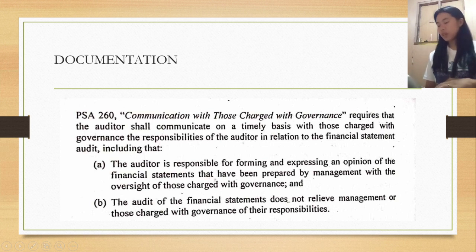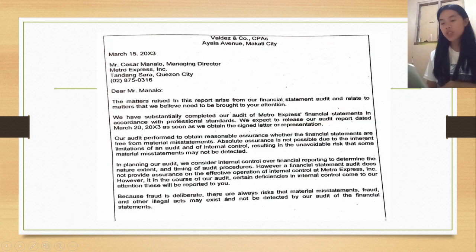I also include an example of a letter sent to management and those charged with governance. So here is the illustrative communication of audit matters of governance interest.